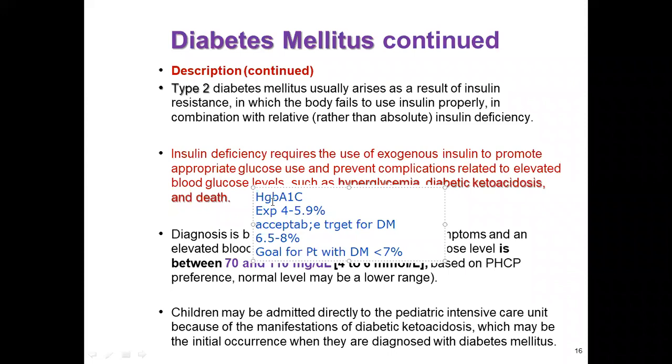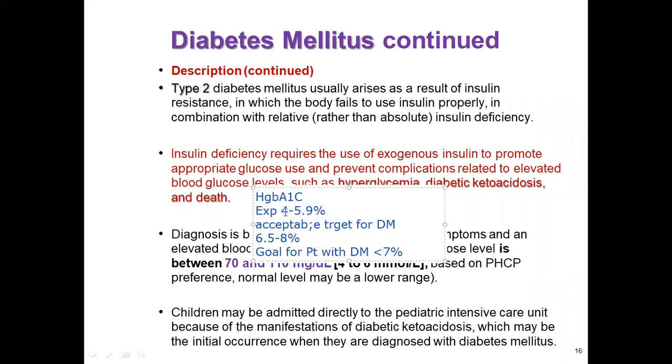If you want confirmation of whether the patient has diabetes or not, we need to check hemoglobin A1C. It is a confirmatory test. It is called glycosylated hemoglobin. Hemoglobin A1C is the best indicator of treatment compliance.